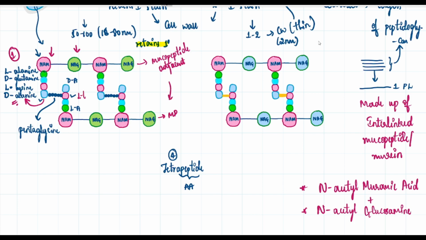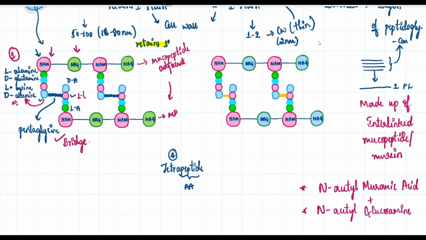So L-lysine of one tetrapeptide of one mucopeptide is attached to the terminal D-alanine of another tetrapeptide side chain of the adjacent mucopeptide by the pentaglycine bridge. This is how the interlink is formed in gram-positive bacteria.